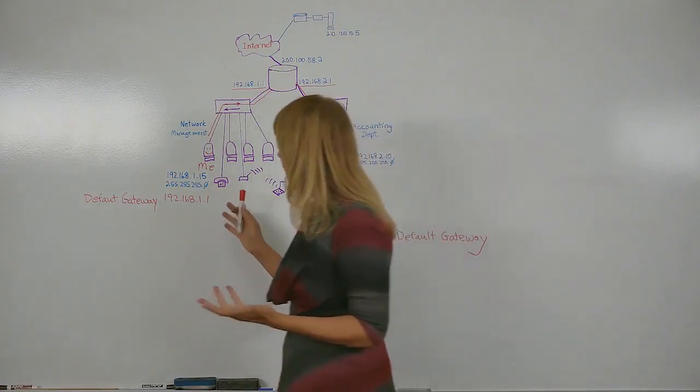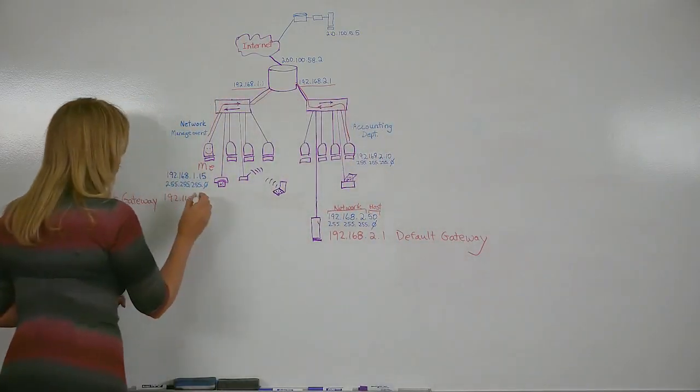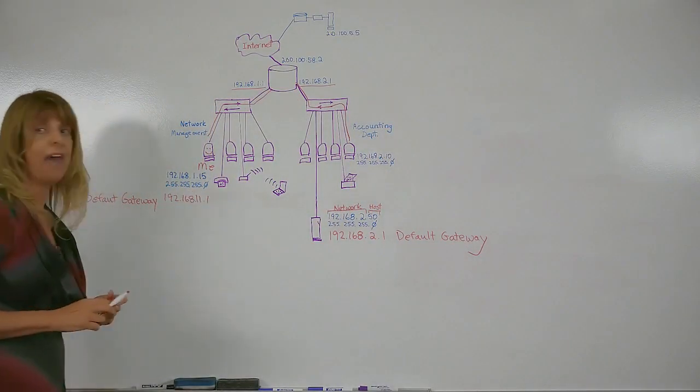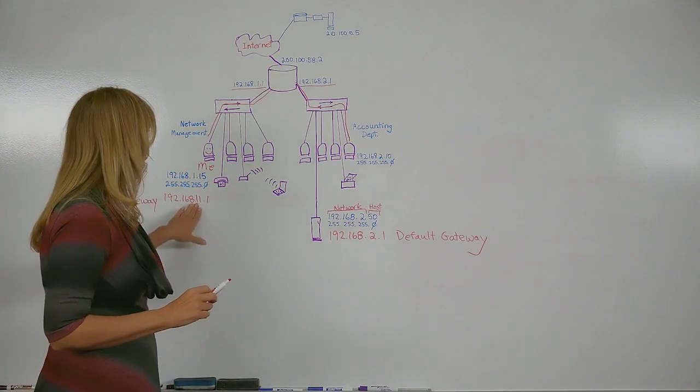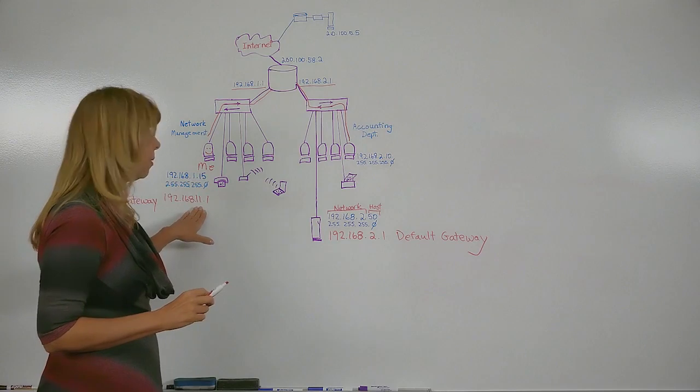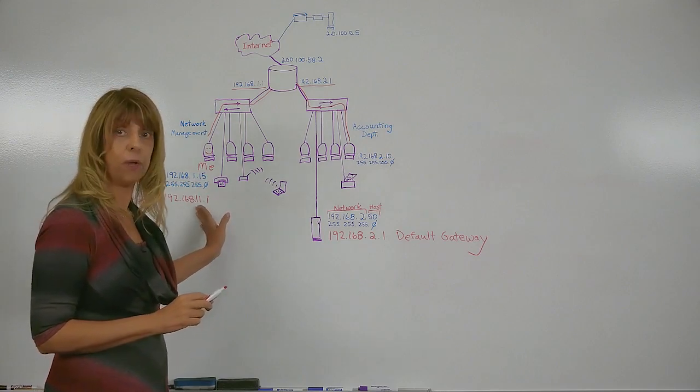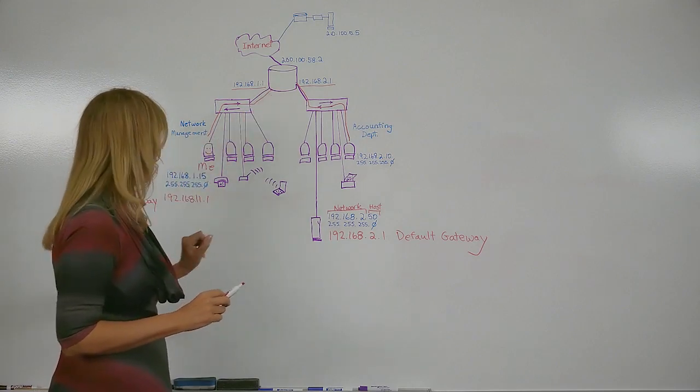For example, if I accidentally configured this with 11 instead of 1, my computer would not be able to send traffic using ARP to its default gateway address.